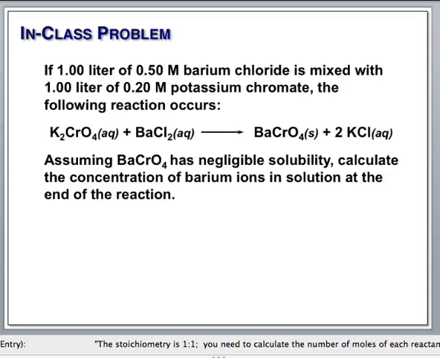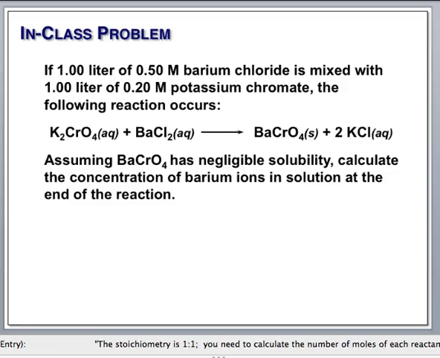All right, so what we're doing here, if you think about it, we have 1 liter of each, don't we? But barium is higher concentration. So that means we have more barium than we do chromate. So we will precipitate out barium chromate, but because we had excess barium, there'll be some barium left over in solution. Right?